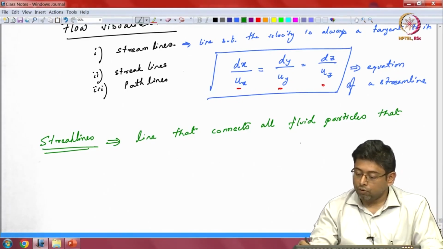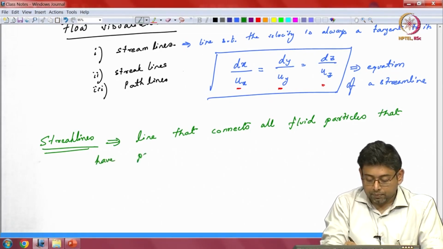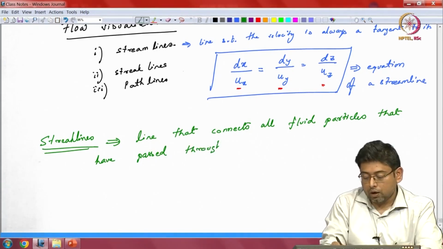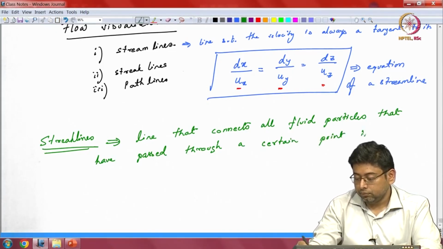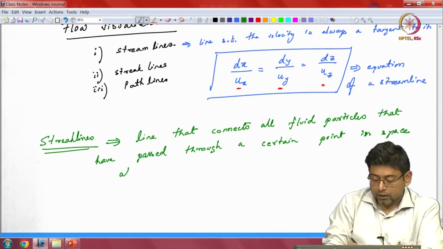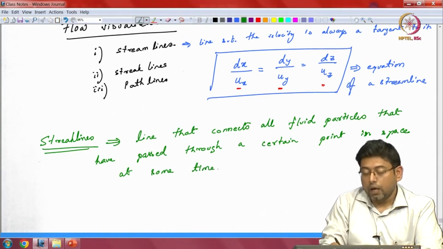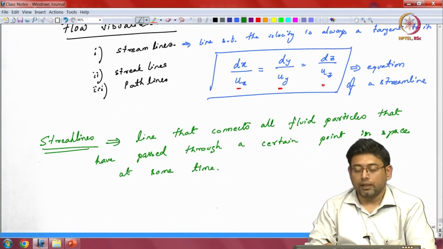So, that connects all fluid particles that have passed through a certain point in space at some time, either in the past or the future. Okay. So, that is the key here.